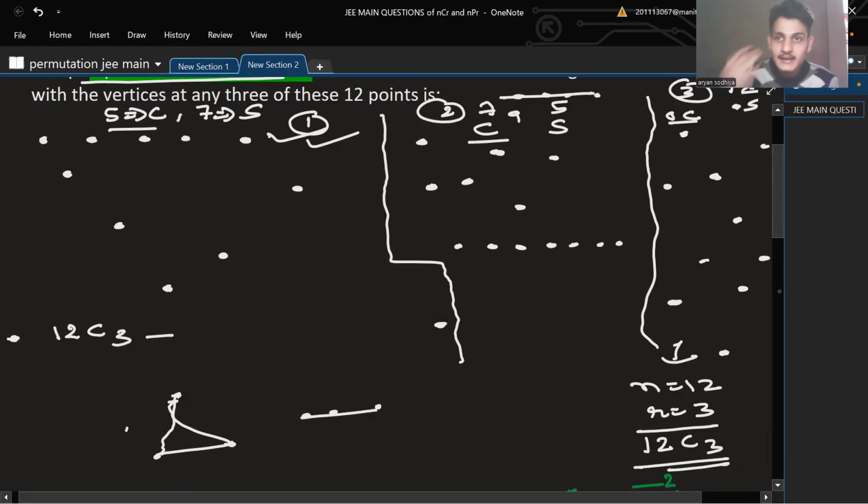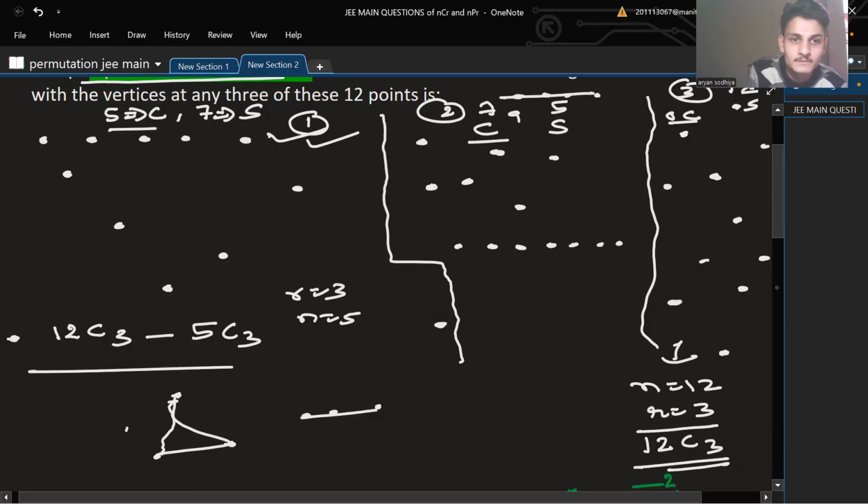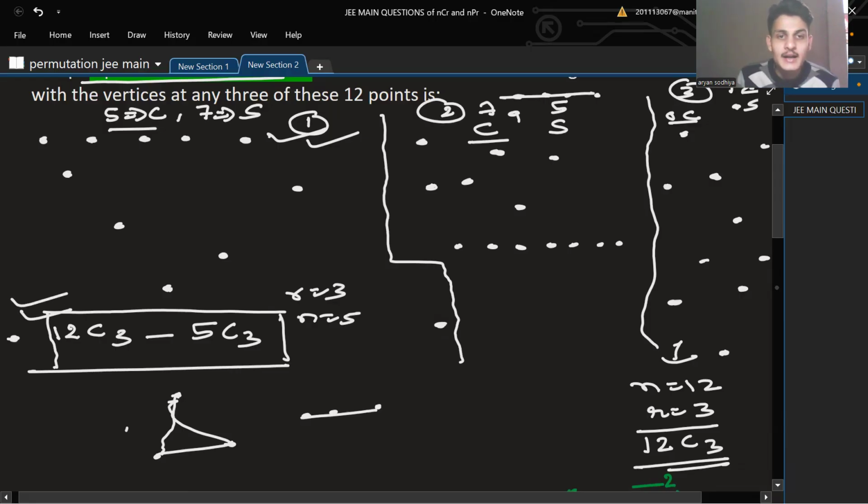How many triangles do I need to subtract? Out of a group of 5 points, I need to select three. So how many groups can I select? Here R is equal to 3 and N is equal to 5. So I will subtract 5C3 here. So this will be the answer.